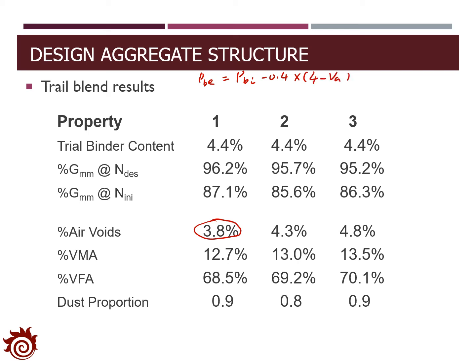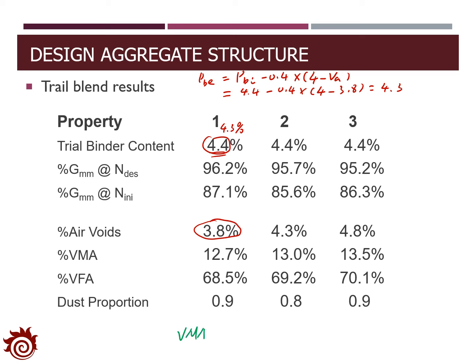For trial 1, PBI is 4.4 minus 0.4 times 4 minus the air void, 3.8, which will give the result as 4.3. So we have the revised value as 4.3%.